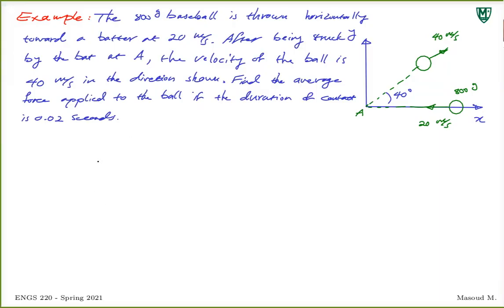I use the average equation: summation of forces, or you can just write it this way, summation of forces average times delta T is equal to M delta V. We are looking for the force, so summation of forces average is equal to M, this constant, so I'll keep it outside, over delta T, which is 0.02 seconds.